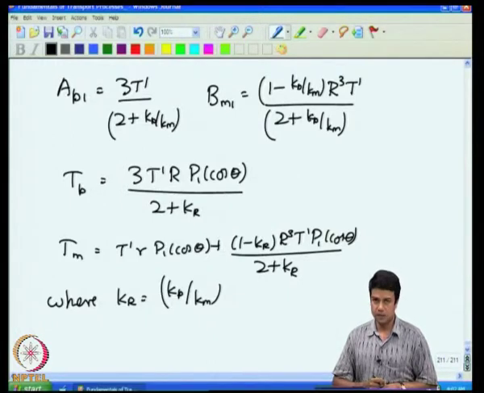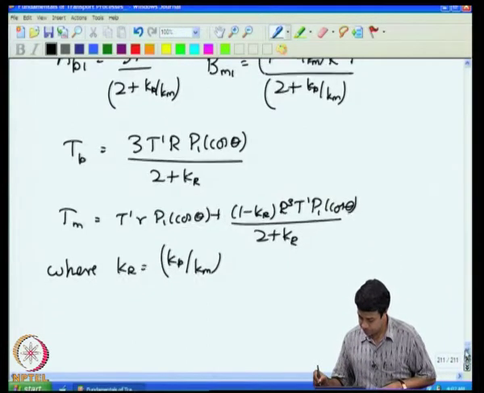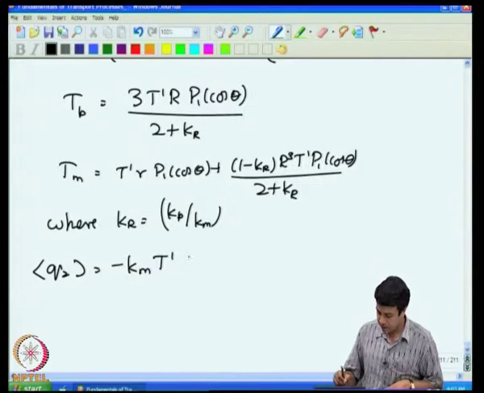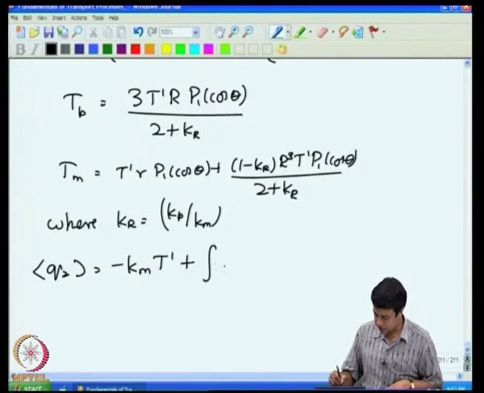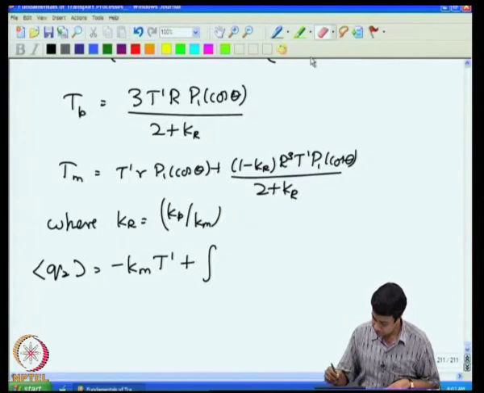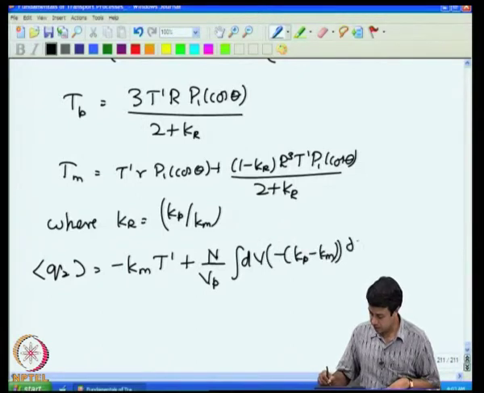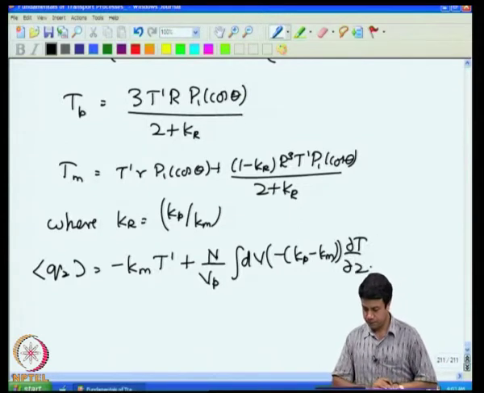Using these, we can now determine the effective thermal conductivity of the composite. If you recall, we had said that Qz is equal to minus Km T prime plus 1 over the volume of one particle, integral over the particle volume of minus of Kp minus Km times dT by dz.